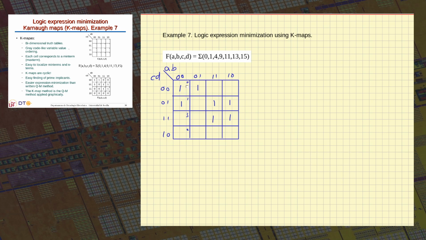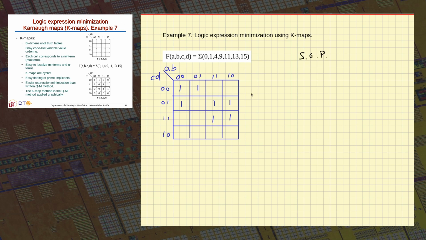I will delete this index here to make a cleaner map. And now I'm interested in calculating just the sum of products.